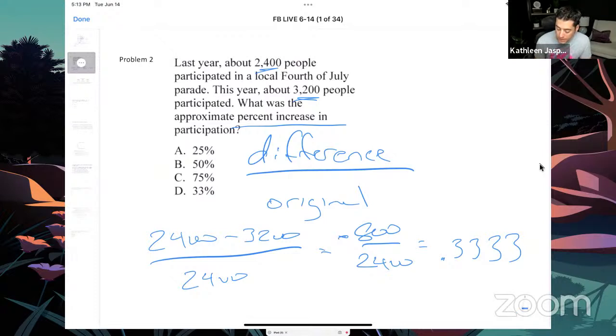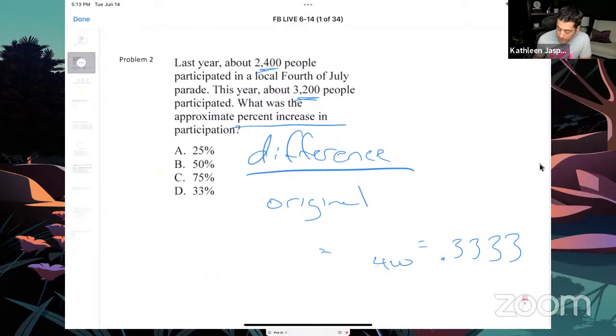If you just follow this, the difference over the original, the negatives don't matter, honestly, because they already told you it's an increase. So that should tell you already that the bigger number has to be subtracted from the little number, or vice versa. So you see that I get the 0.333.